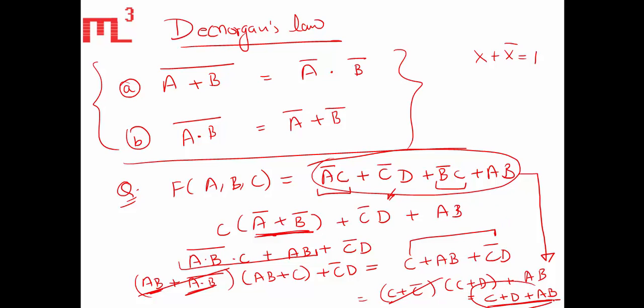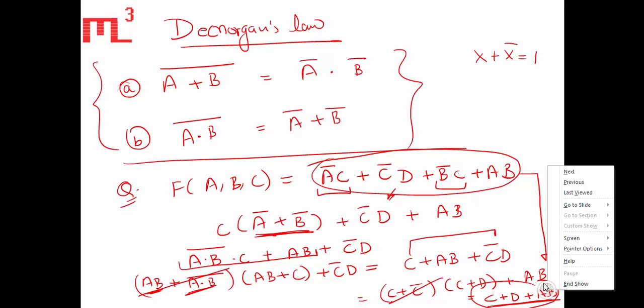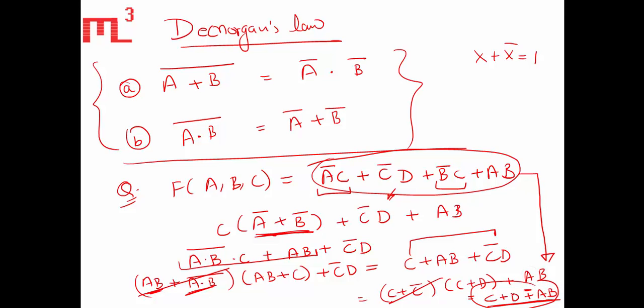To implement this expression, how many gates do we require? 1, this AND gate, plus 1, plus 1. That's only 3 gates. But to implement the original expression we need 1, 2, 3, 4, 5, 6, 7, 8, 9, 10 gates. So from 10 gates we have reduced to 3 gates.